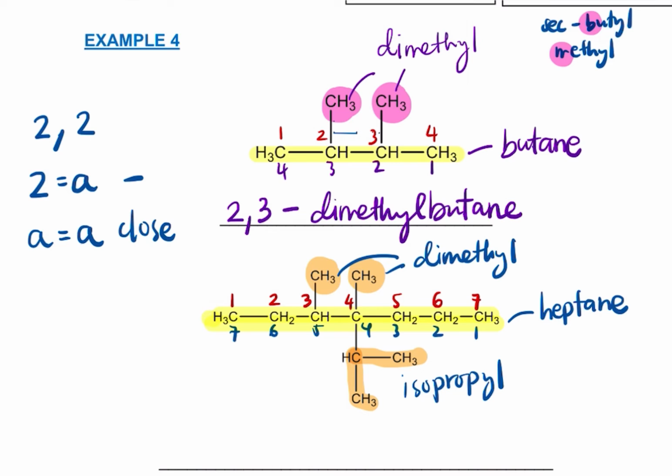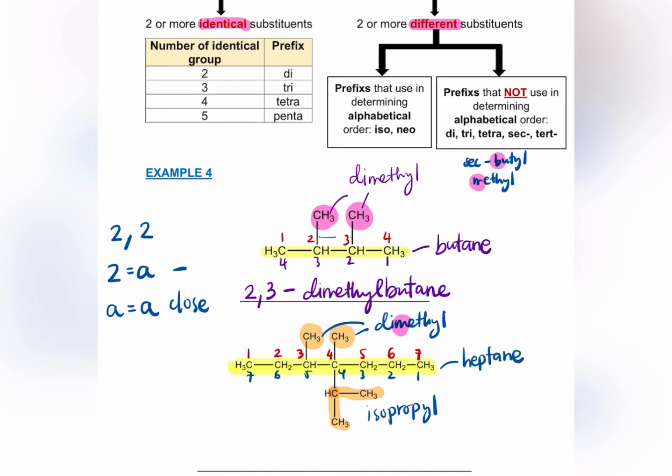For dimethyl, I'm going to take alphabet M because from here, di is not included. That's why we will start from M. And next one, isopropyl, I'm going to start from alphabet I because I is included from here.